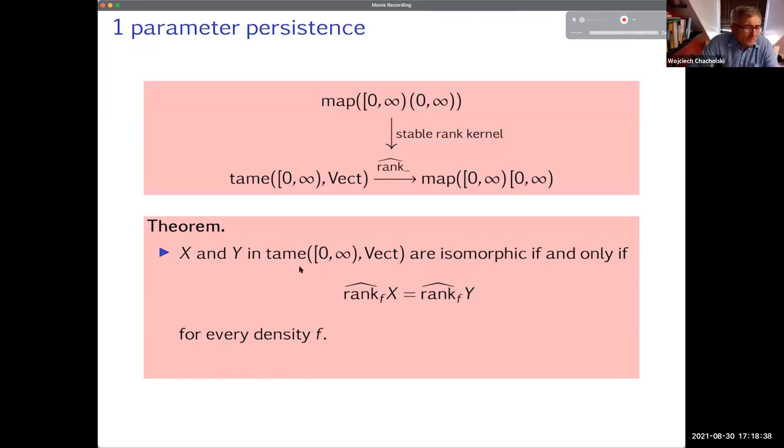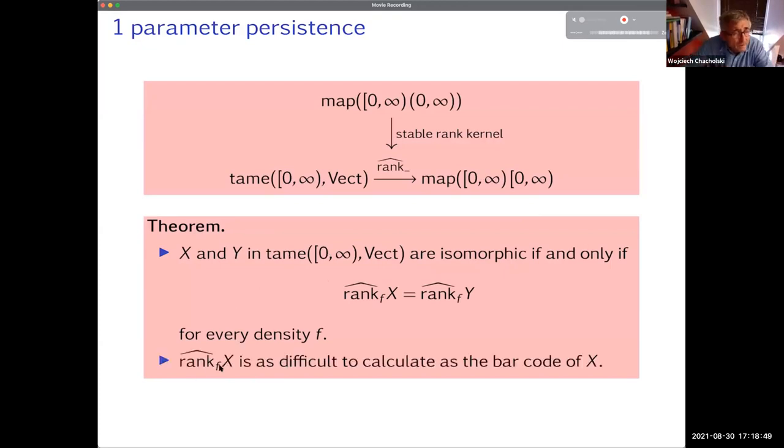All right. But remember, tame parameterized vector spaces can be decomposed into barcodes. Those are just barcodes, which means that this rank is as difficult to calculate as the barcode itself.